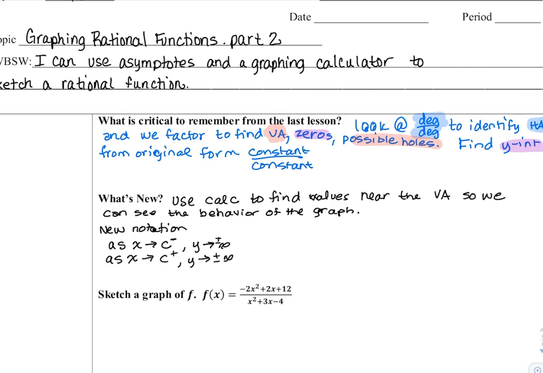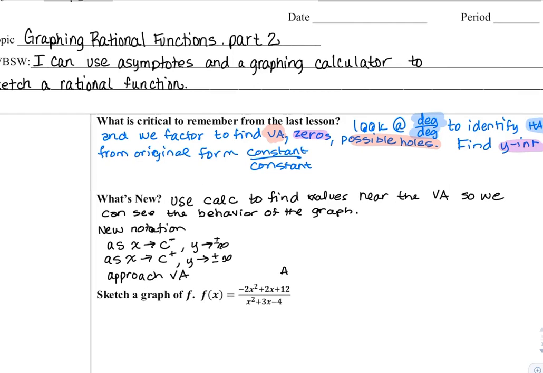And so those are the notations that you'll see on the approach of a vertical asymptote. On the approach to the horizontal asymptotes, you can just reverse it.